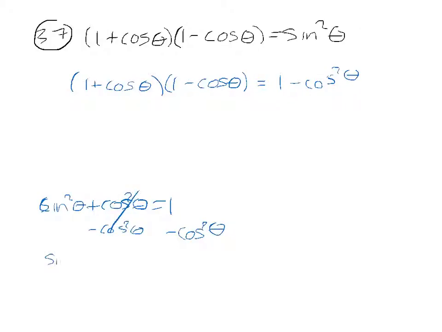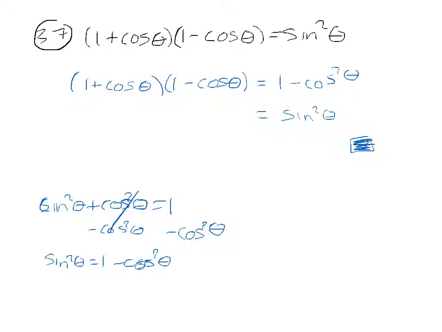So now my identity says sine squared equals 1 minus cosine squared. I've got 1 minus cosine squared here, so I can replace it with sine squared, which is what I wanted.